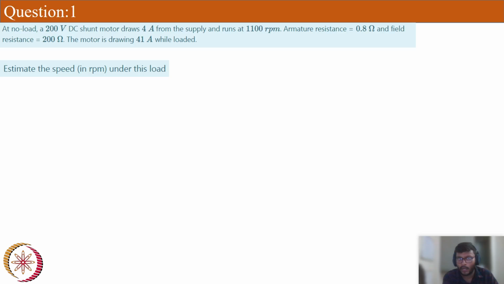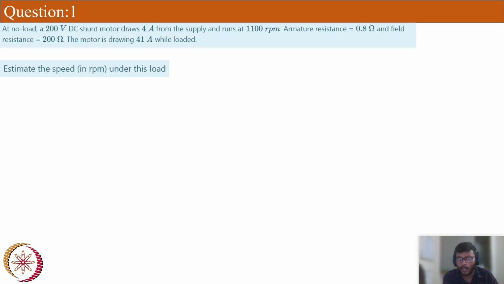Please keep in mind that in a shunt motor there are no separate supplies to the field and armature. This is the back EMF, this is RA. RA is given as 0.8 ohms for the armature winding. EB is not given, so let's keep it as EB. The shunt resistance, which is the field resistance, is 200 ohms.